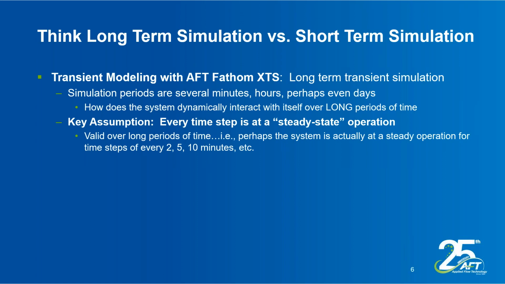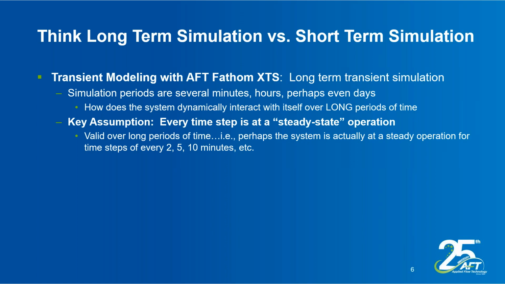And so if you have a simulation where you want to see what's happening in a piping network for 2 hours, and you define a time step of a minute or maybe every 2 minutes, well, when you transition from one time step to another, the system is changing so slowly that any pressure or velocity surge waves would be fully dampened out by that point.